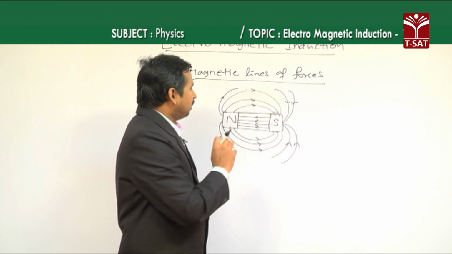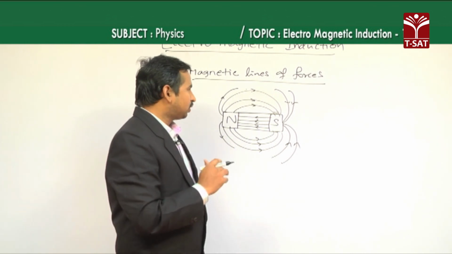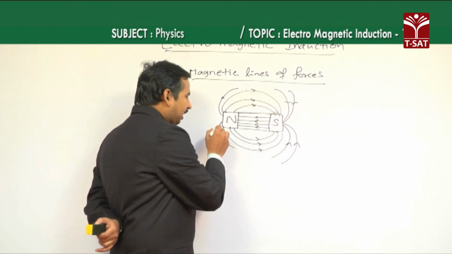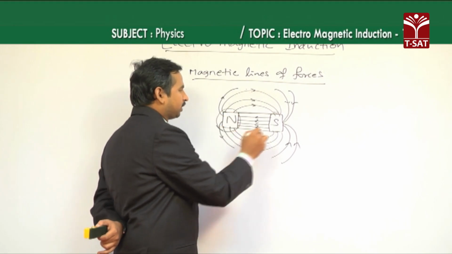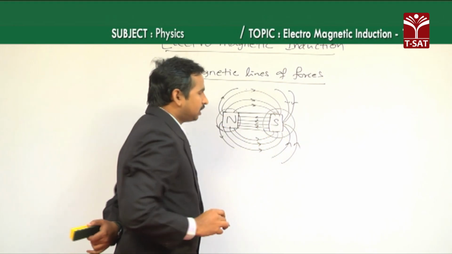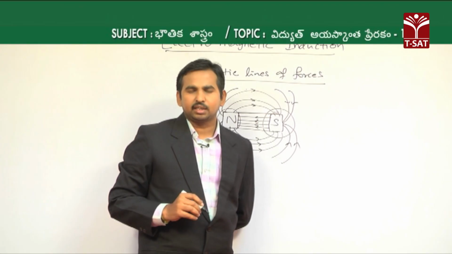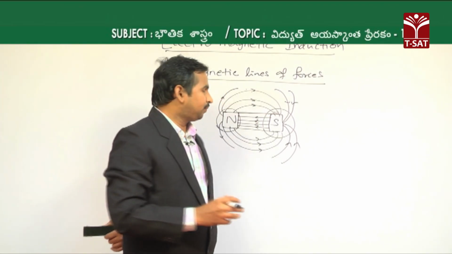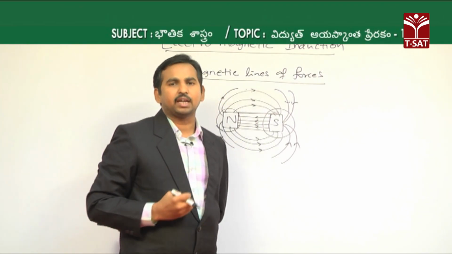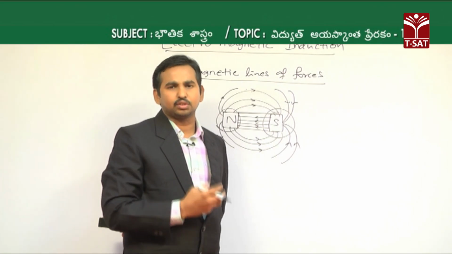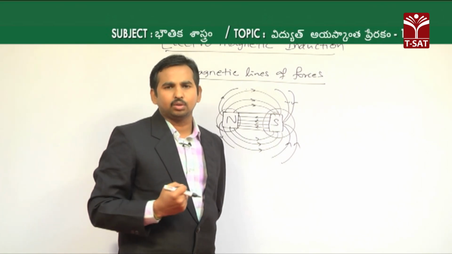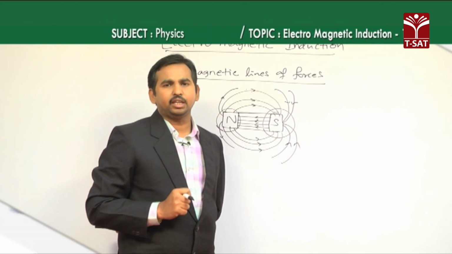If you observe, we have more lines present at the poles. That is why the poles of the magnet are where more magnetic lines of forces are concentrated, and that particular point we call a magnetic pole.